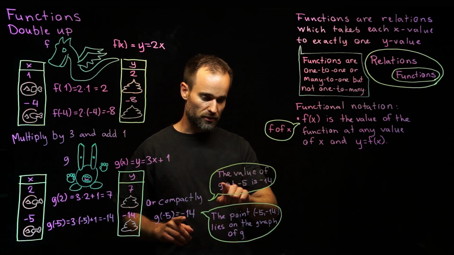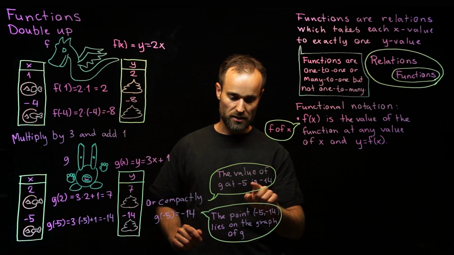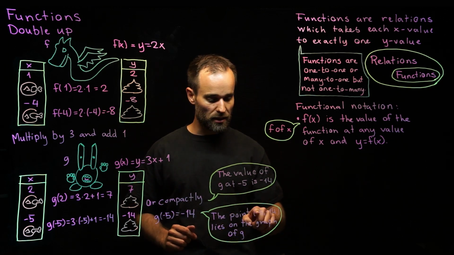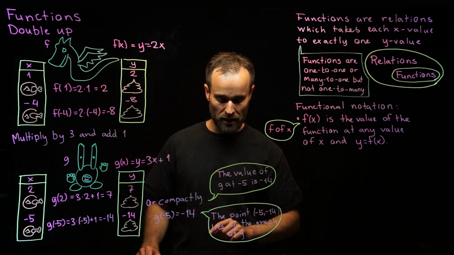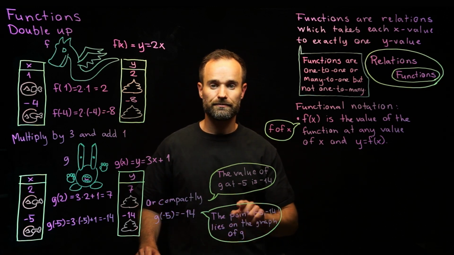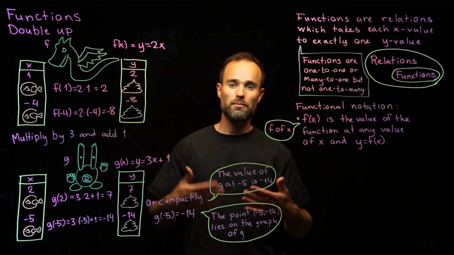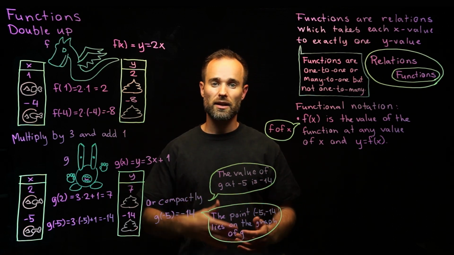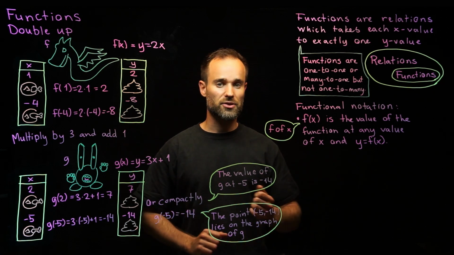The value of g at negative 5 is negative 14, or the point negative 5, negative 14 lies on the graph of g. It's going to take some practice getting used to this notation, but the hope is that after seeing it many times, it'll start to make sense.